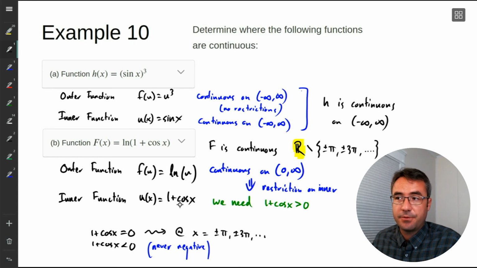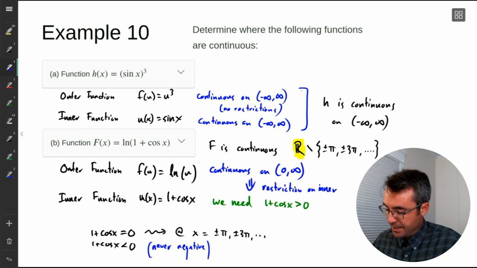Based on just our inner function, but our outer function makes the additional requirement that we can't use these values, because then we get 0. We can't plug 0 into the natural log. So this is one way to write it, all real numbers.